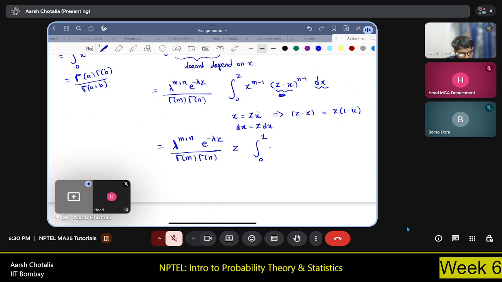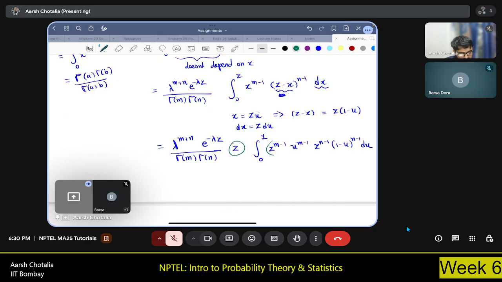And x raised to m minus 1 becomes z raised to m minus 1 and u raised to m minus 1, and this becomes z raised to n minus 1 times 1 minus u raised to n minus 1 du. Now these three terms add up to z raised to m plus n minus 1. And the rest of the terms are the same.